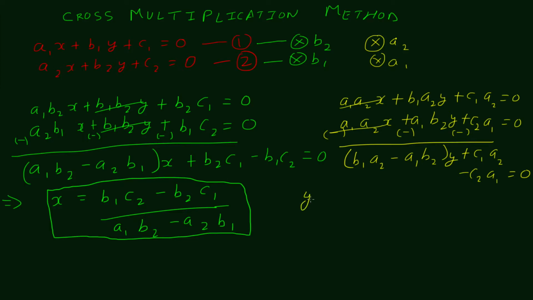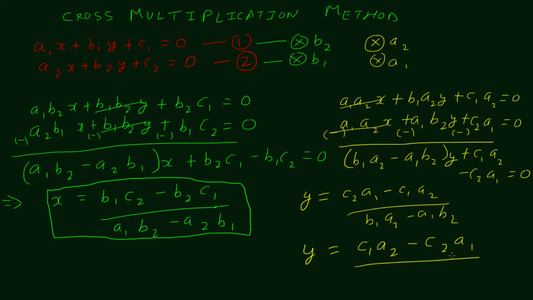If we write y, this will be c2 a1 minus c1 a2 divided by b1 a2 minus a1 b2. Just one more step to make the denominator the same: we take minus common, the minus gets cancelled out, so we get c1 a2 minus c2 a1 divided by a1 b2 minus a2 b1.